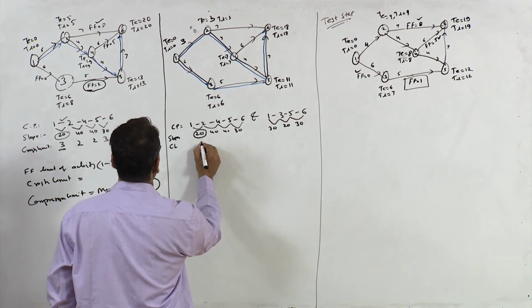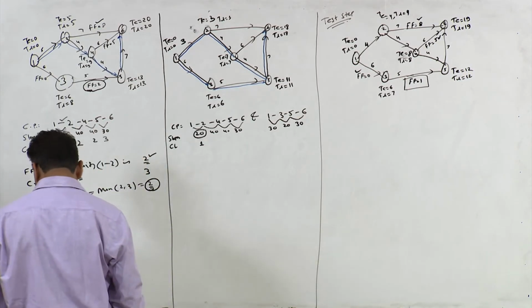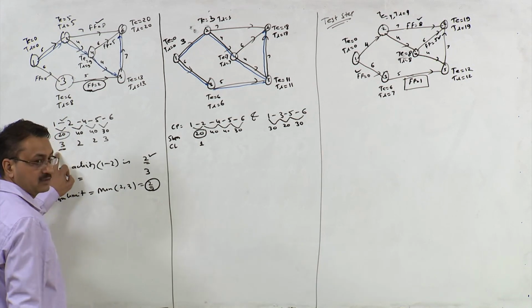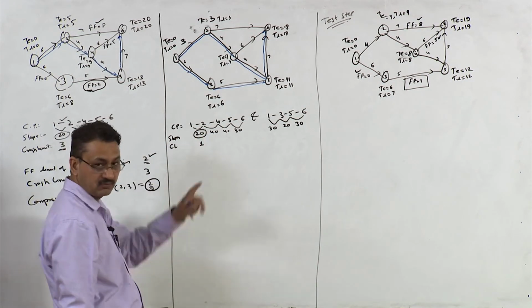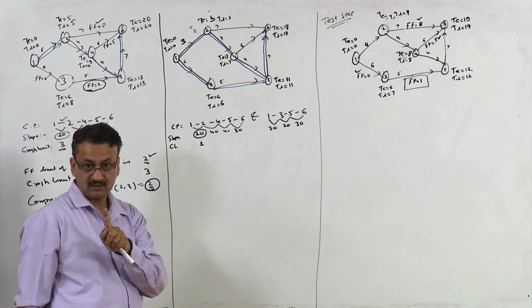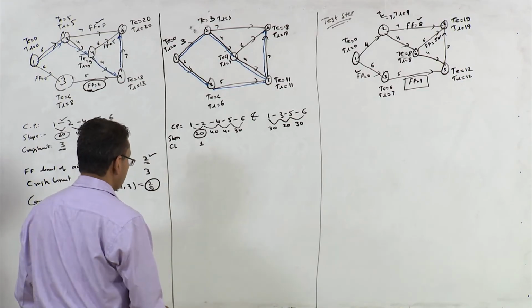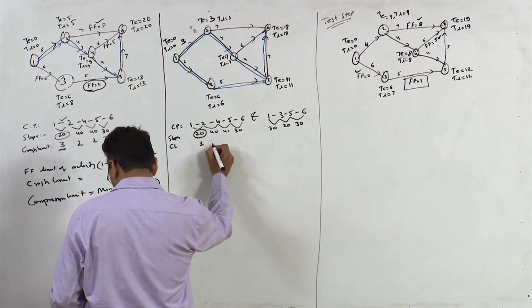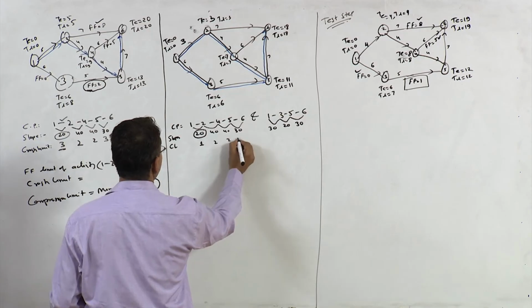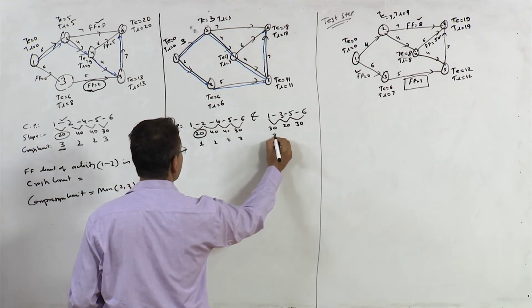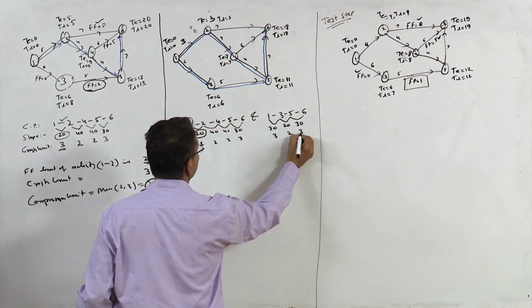This is now 1, earlier it was 3. So you can reduce activity 1-2 by 1 day only. Similarly you can write crash limits for the others also. This is 2, this is 2, this is 3, this is 3, this is 2 and 3.